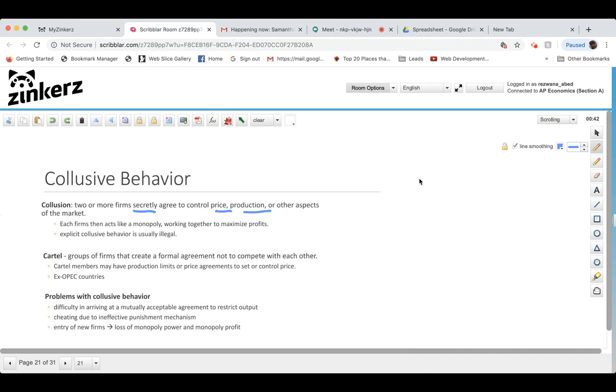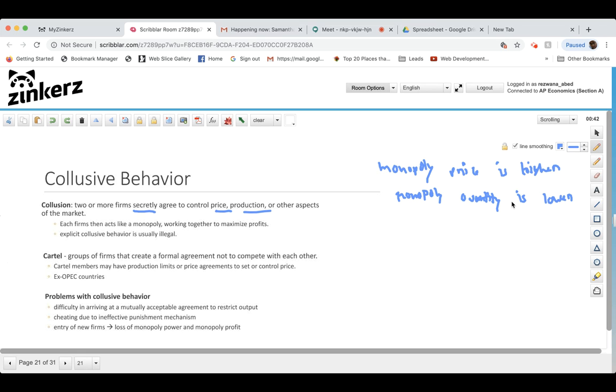So remember that the monopoly price is higher, and the monopoly quantity is lower. So they will essentially limit the output and charge a higher price.